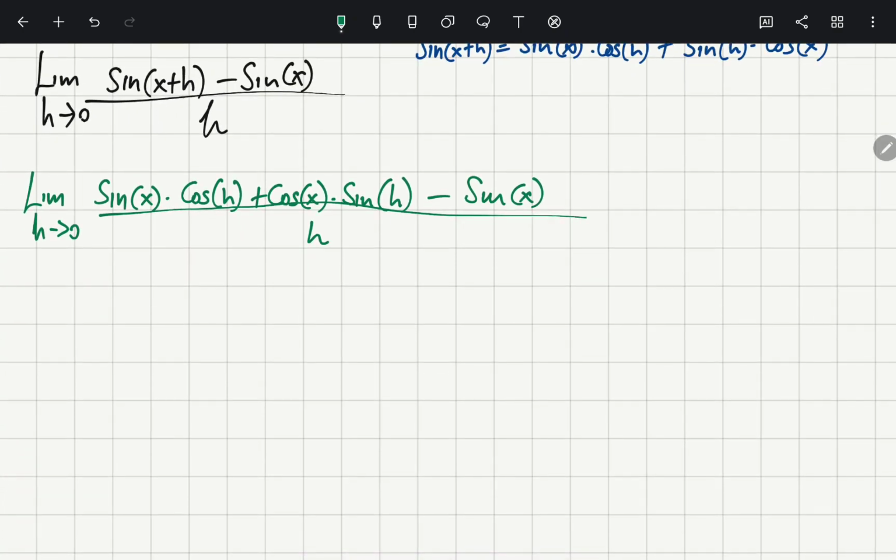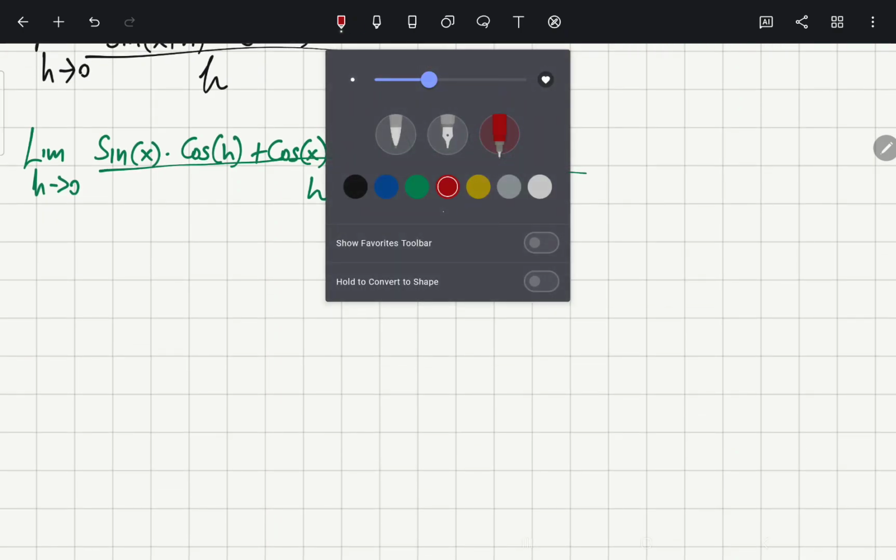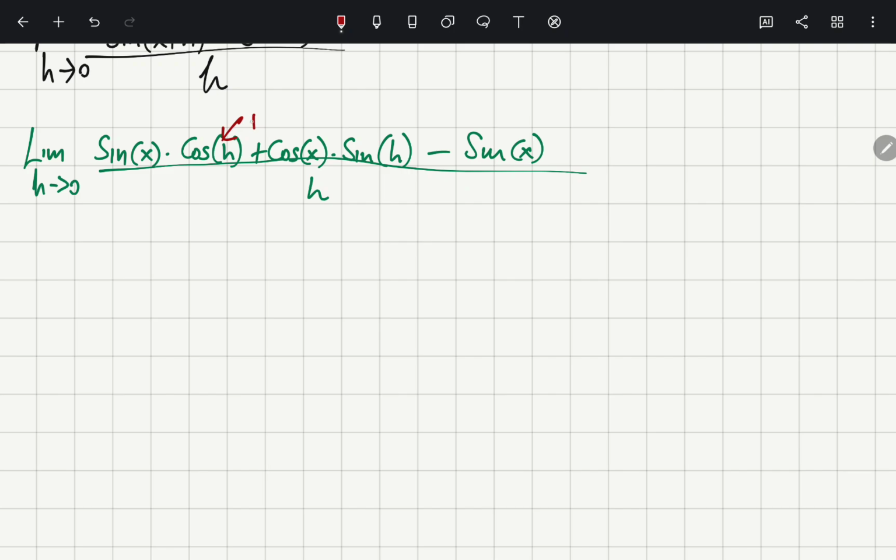So plugging in 0 where h is, cos 0 gives us 1.